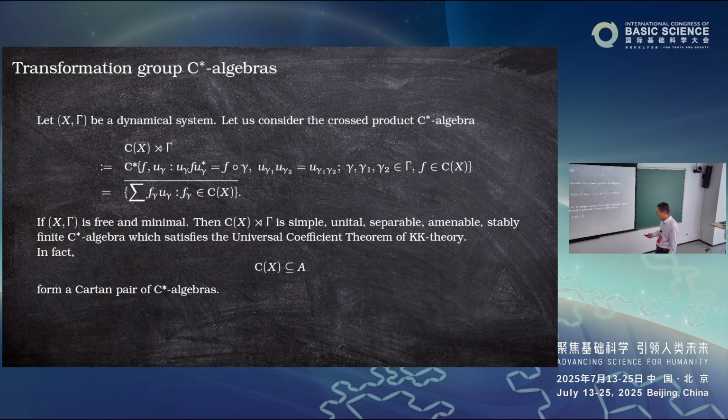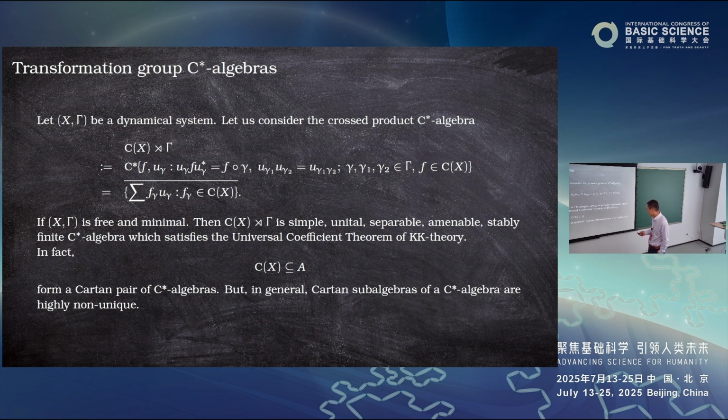But I really want to look at the C-star algebra A itself. And in general, if you look at a fixed C-star algebra A, there may exist a lot of Cartan subalgebras, and they are not conjugated by automorphisms and so on. Actually, they can simply fail to be isomorphic.